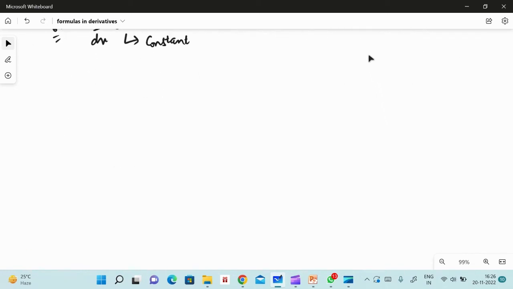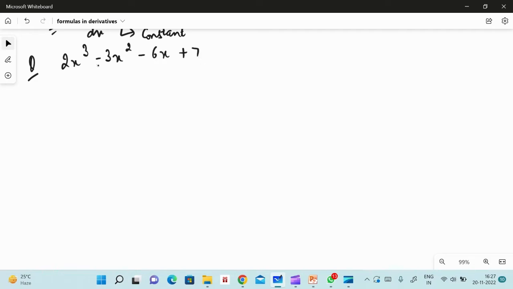Okay, so let's suppose we have 2x cube minus 3x square minus 6x plus 7, and I have to take the derivative of this. So first I will let y be equal to this, and if I have to take the derivative, I will write d by dx of y is equal to the derivative of the right hand side, right?